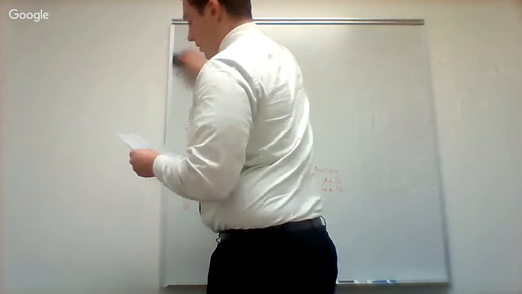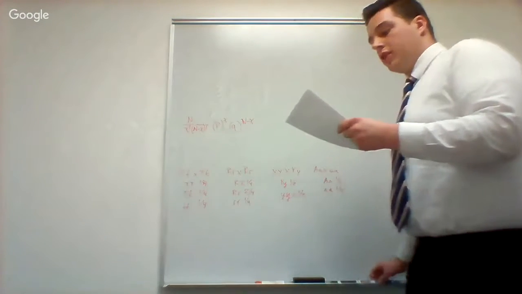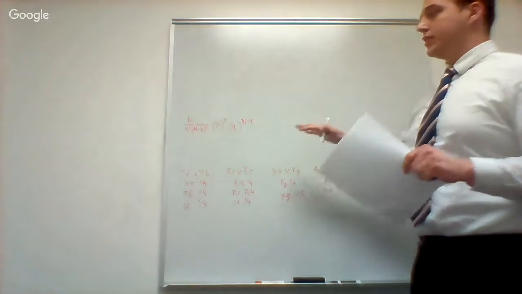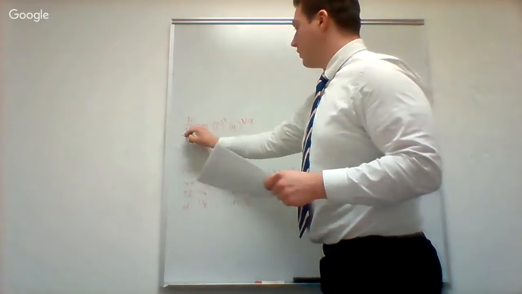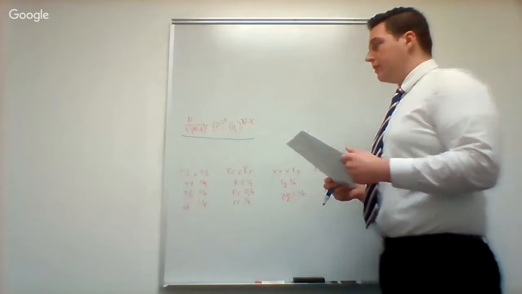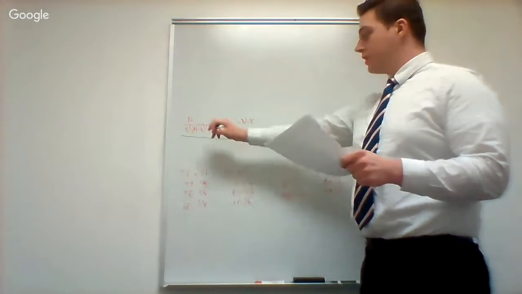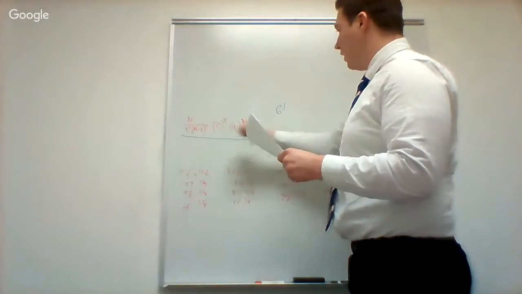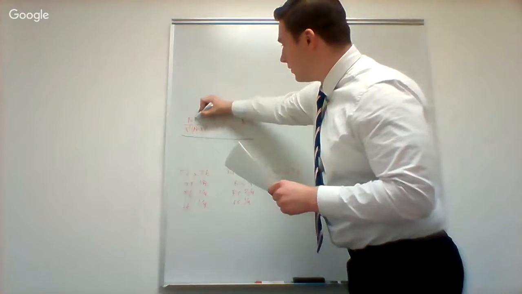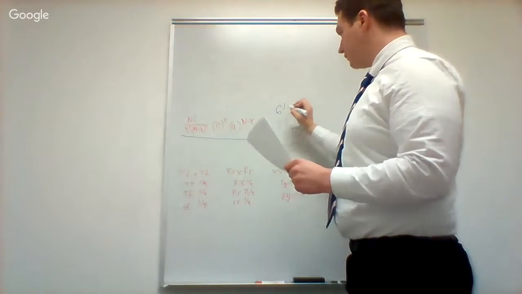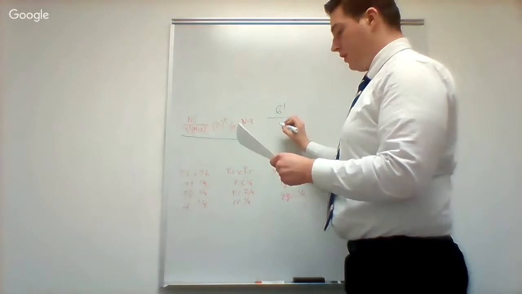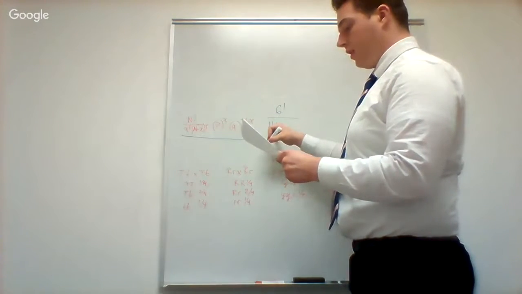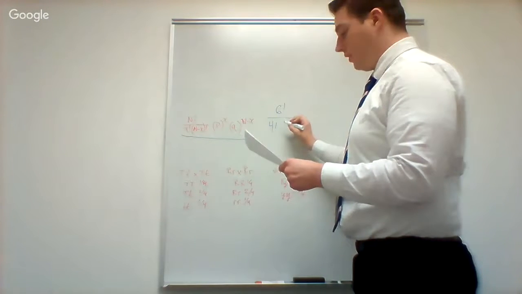The next one was asking about the probability that 4 children will be affected and 2 will be unaffected with Huntington's disease. So this is kind of a ratio. I went ahead and drew out the equation because we're going to use binomial expansion. This is the equation here. We have 6 total, and you're just going to plug in the numbers there. 4 is the number of children that will be unaffected.